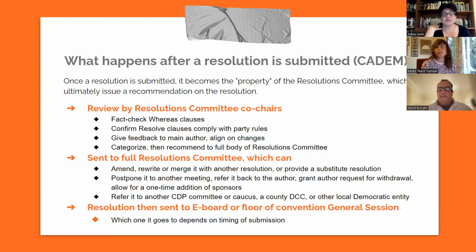Dina, question. Some elementary questions. I'll have some judgment call questions at the end, but just basically fact things. So what is the timing of these? So it says resolution sent to e-board or floor of convention general session. So are all of these decided at the convention, or are some of them decided at regular meetings, and how regular are these regular?